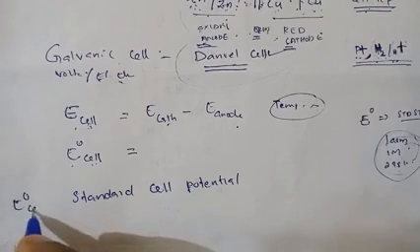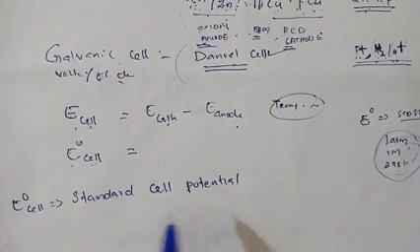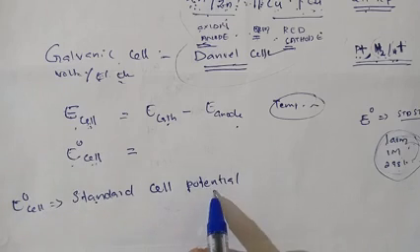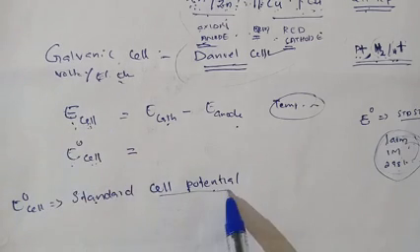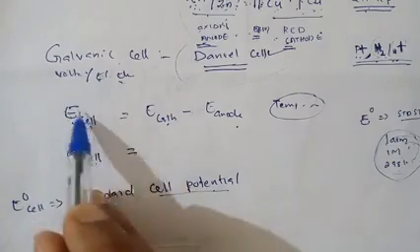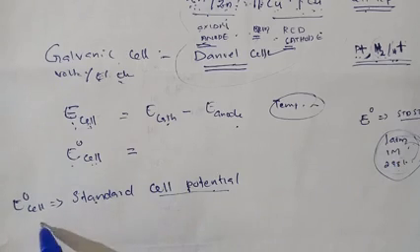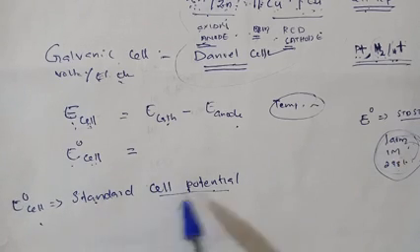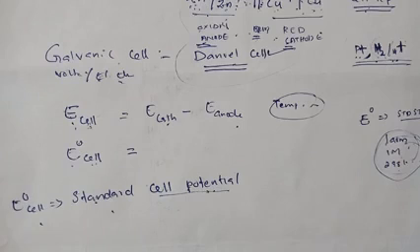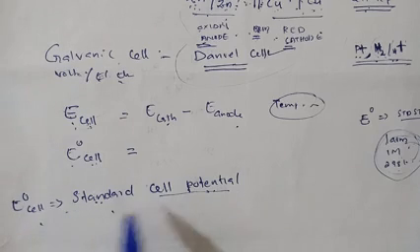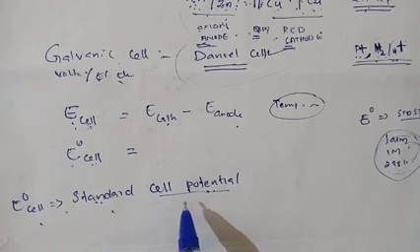Standard cell potential. So E0 cell means standard cell potential, where E cell is the cell potential. E cell means at any condition other than standard state. E0 cell means the value of cell potential at standard condition. Clear? It will be universally fixed. There will not be any change in the standard cell potential values.